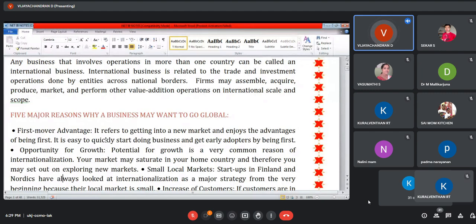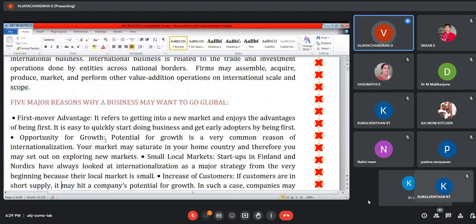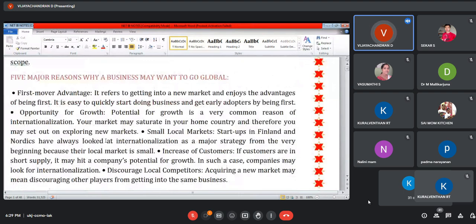Next, the second one is opportunity for growth. Business entities operating globally are able to explore new markets. It enables economies of operation.